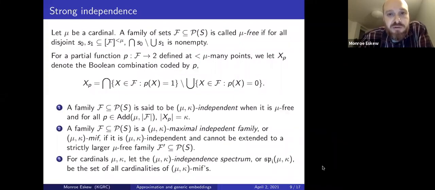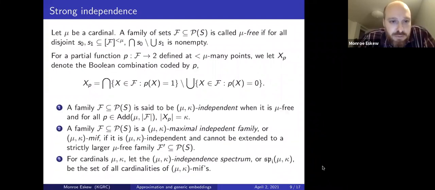We want to say that that gives you a non-empty set. And of course, partial functions from the family to {0,1}, defined at fewer than mu many points, will code such an operation. For a given partial function p, we let x_p denote this Boolean combination, as written there.